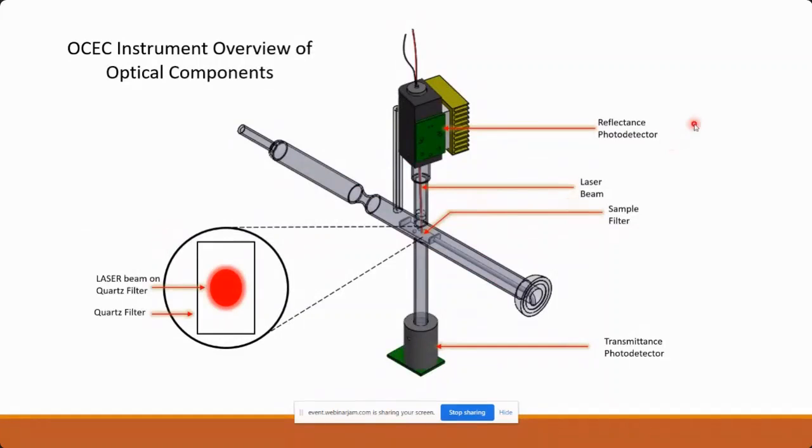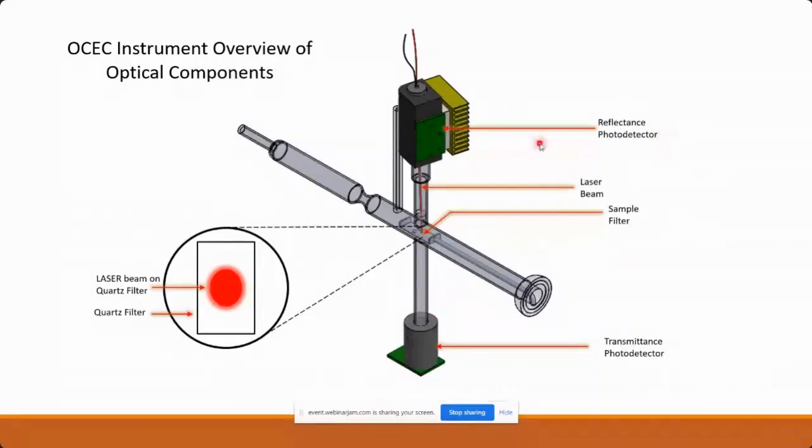More specifically, here's a better look at the optical components of the instrument. For those wishing to only do transmittance, and I'll talk a little bit more about that, the laser pathway is measured directly through the optical components.